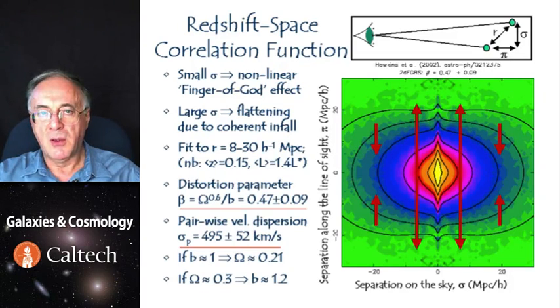At very small angular separations, which will largely be for galaxies that really are physically close together, like in clusters of galaxies, you see a vertical elongation, the finger of God effect. But for most of the rest, you see a flattening of the distribution, which normally should be spherical. The flattening is due to that linear infall into the structures along the line of sight.